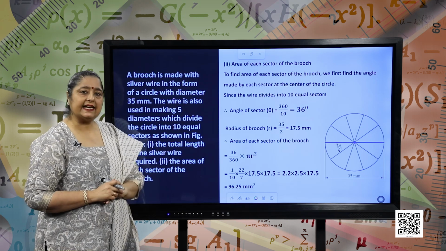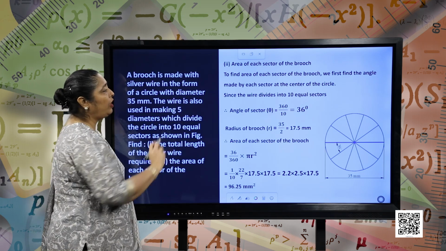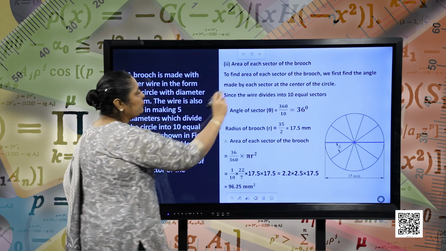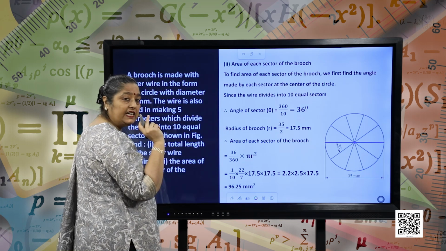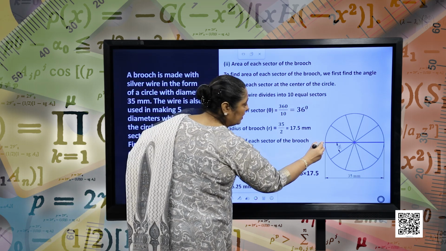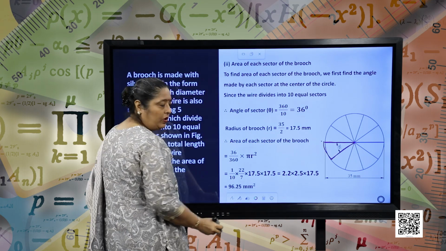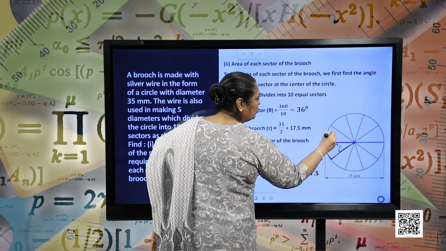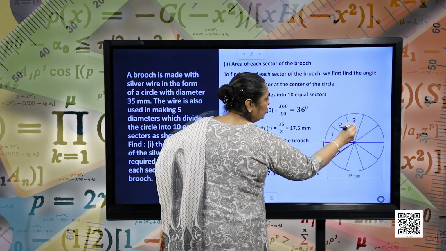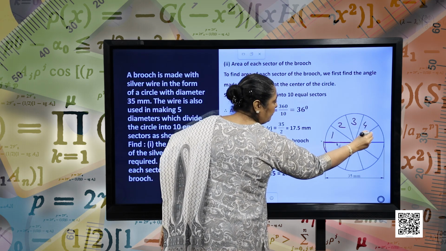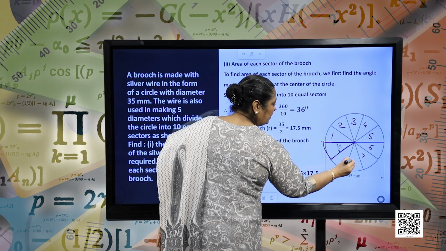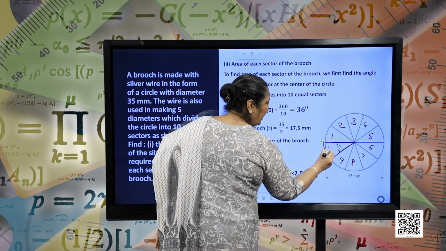Area of each sector of the brooch. To find the area of each sector, we have to find the angle made by each sector at the center. This is the angle, right? And we know that the brooch has been divided into 10 parts, 1, 2, 3, 4, 5, 6, 7, 8, 9 and 10.